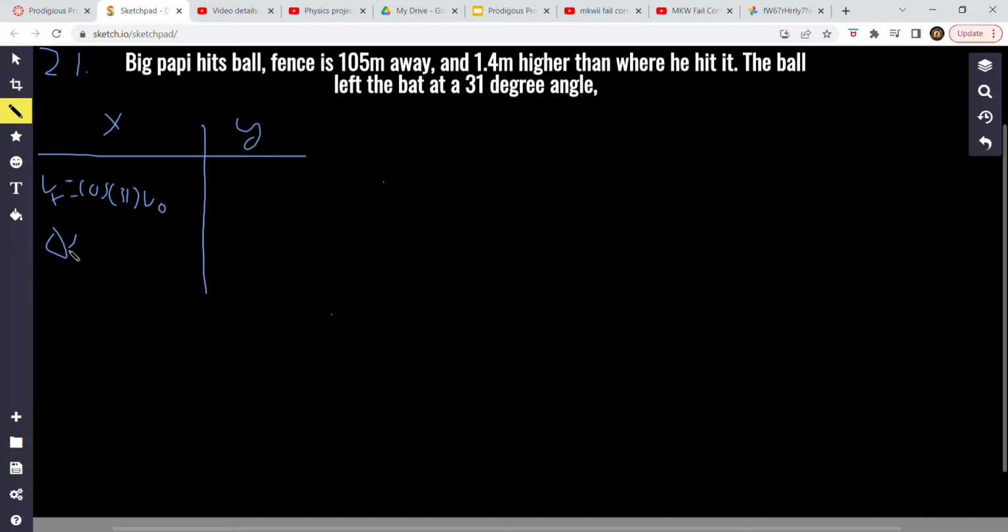Delta x is 105 meters, and time we do not know. Time is the most important thing that we're going to be looking for, so let's try to get that done. We also know that the Viy is sine of 31.